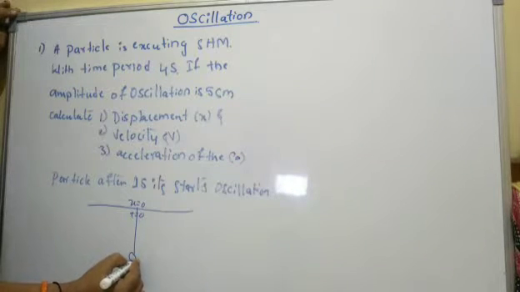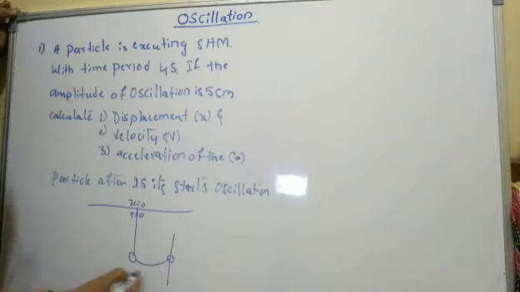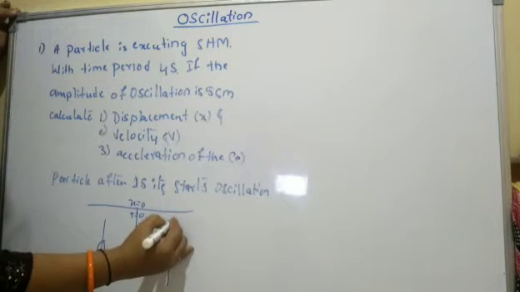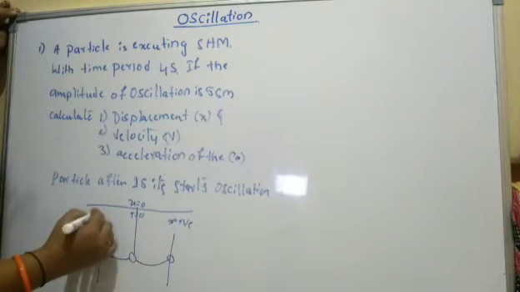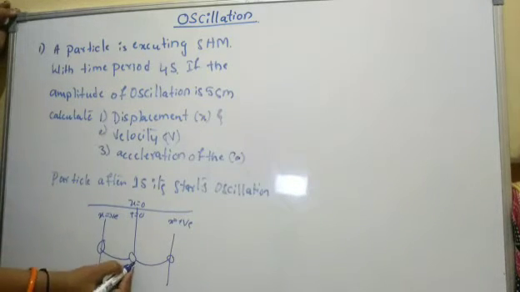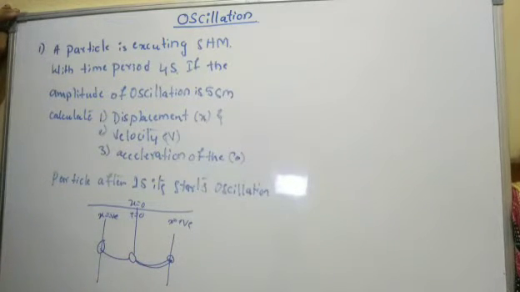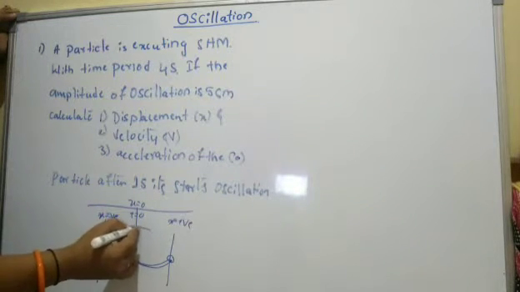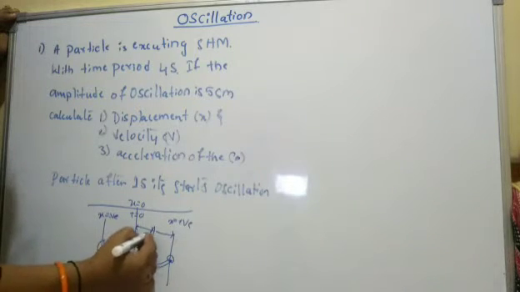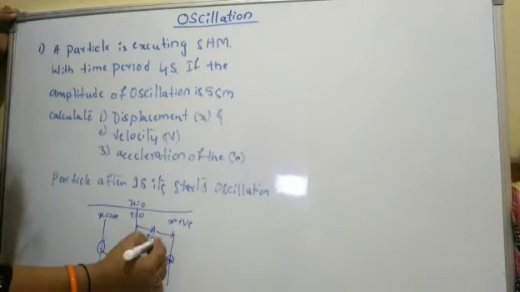We take one extreme position, either the positive side or the negative side, right? From here it is moving towards the one extreme position. I will take the positive side, it is easy to understand. The maximum displacement from the mean position to the extreme position is already given as 5 centimeter.